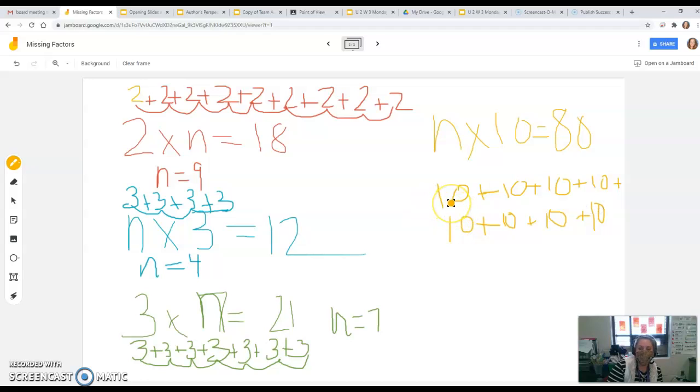So let's count how many times we skip counted by 10s. 1, 2, 3, 4, and 5, 6, 7, and 8. So n equals 8. So 8 times 10 would give me 80.